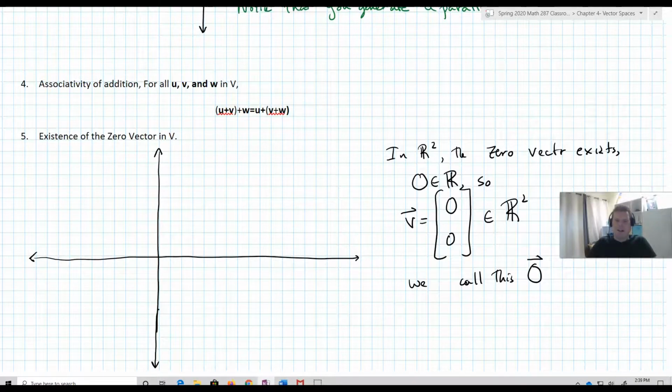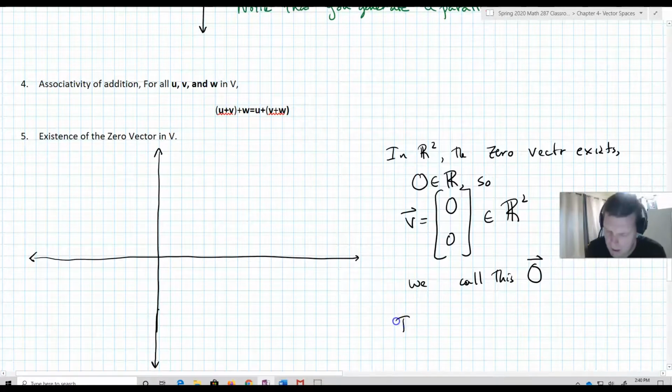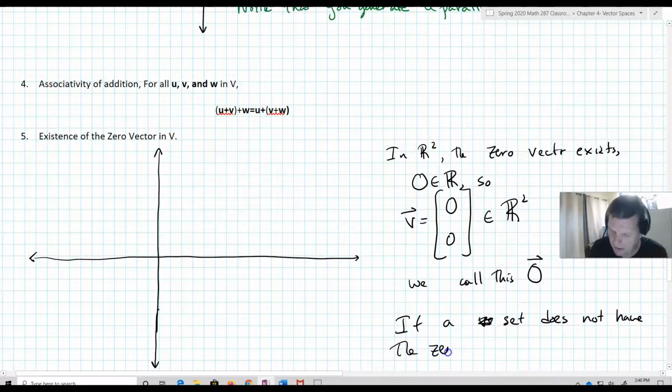Some things about the zero vector: it's already played a big role, we've seen it quite a lot, and it will continue to play a very big role. If a set does not have the zero vector, it is not a vector space.